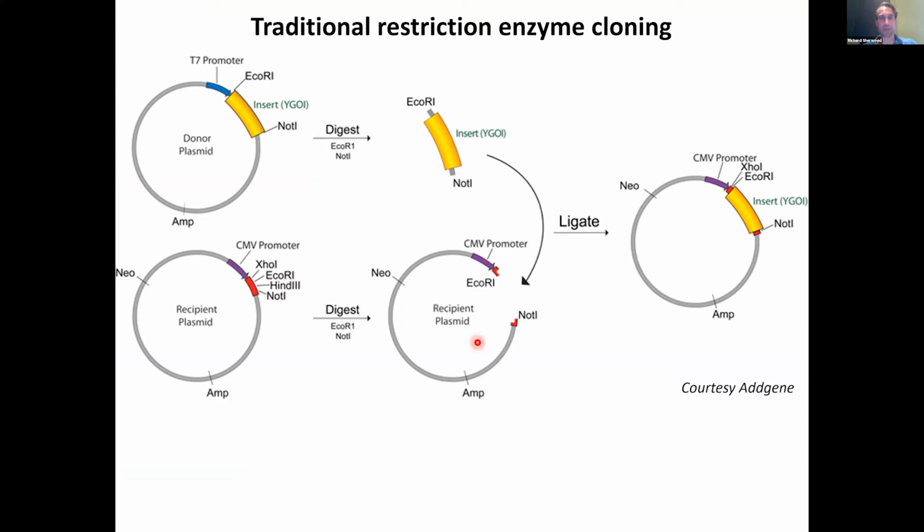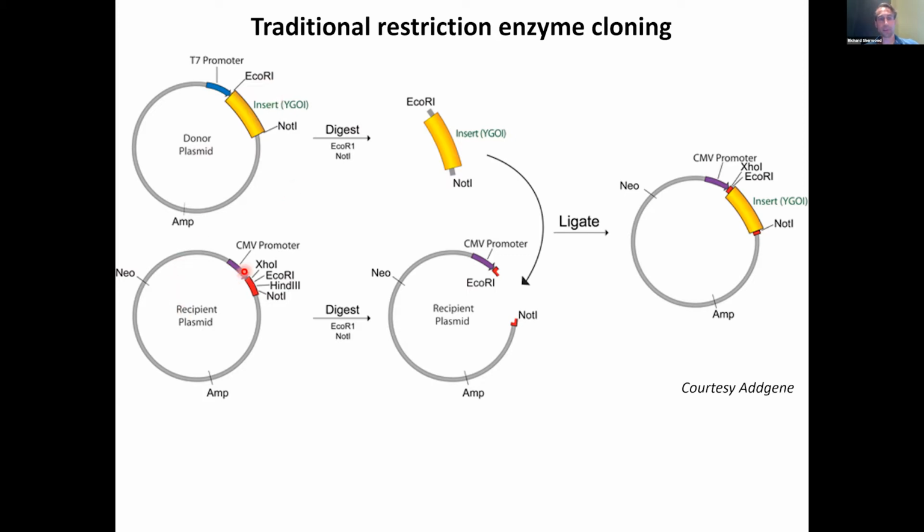The textbook version of molecular cloning that has been around since the late 70s, early 1980s is this idea of restriction enzyme cloning, where you take enzymes that are purified from bacteria that cut very specific DNA sequences. You have a donor plasmid where you cut with a set of restriction enzymes that leave usually sticky single-stranded ends.